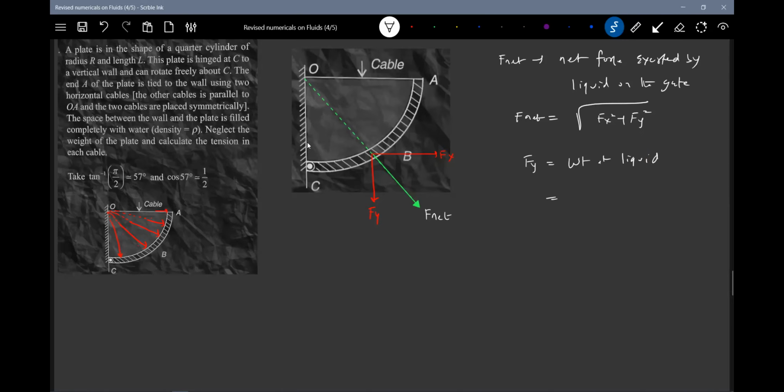So it's a cylindrical gate. So I think you are how the gate appears like this.